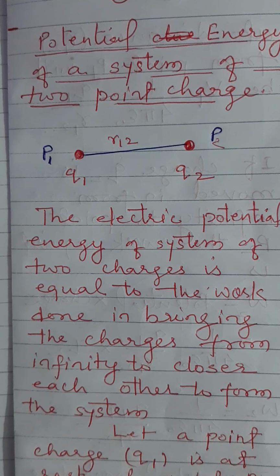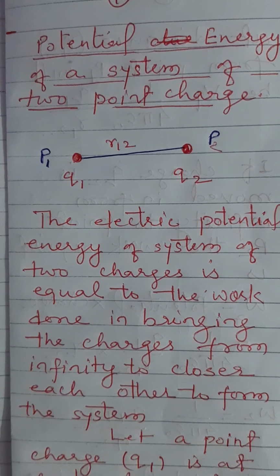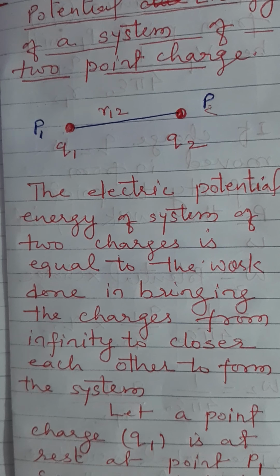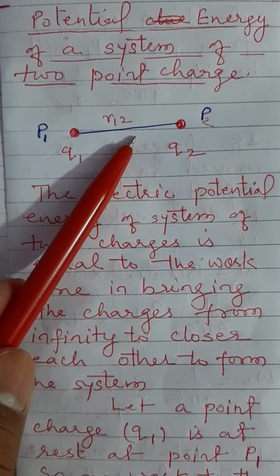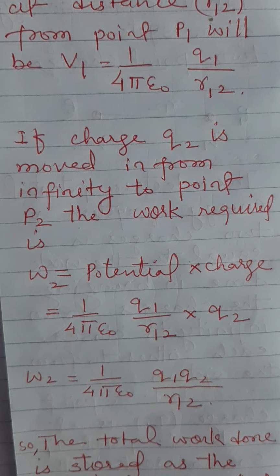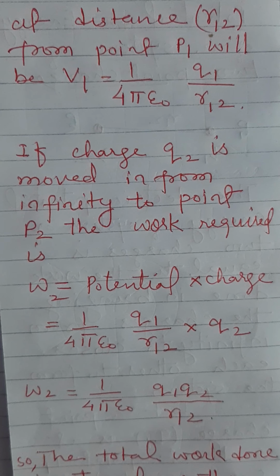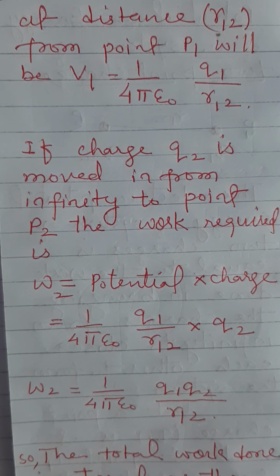But when charge Q2 is brought from infinity to point P2, there is an electric potential due to charge Q1. The electric potential due to charge Q1 at point P2 at a distance r12 is given by V1 equals 1 by 4 pi epsilon naught into Q1 by r12.